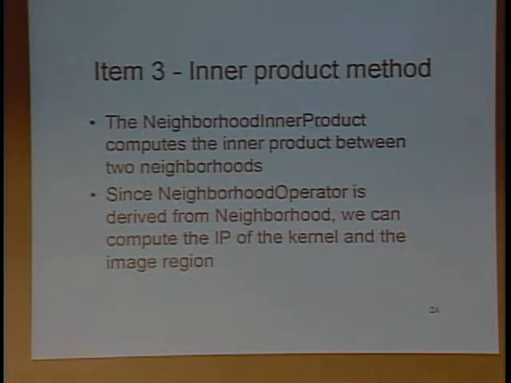The neighborhood inner product class will provide you a calculator for the inner product. It takes two parameters, two neighborhoods, because the kernel is a neighborhood, and the image region dereferenced by the neighborhood iterator is another neighborhood. So you can just send these two to the inner product calculator.